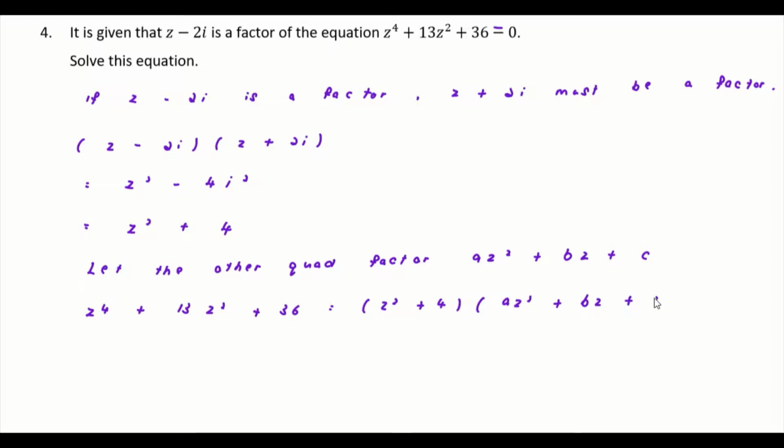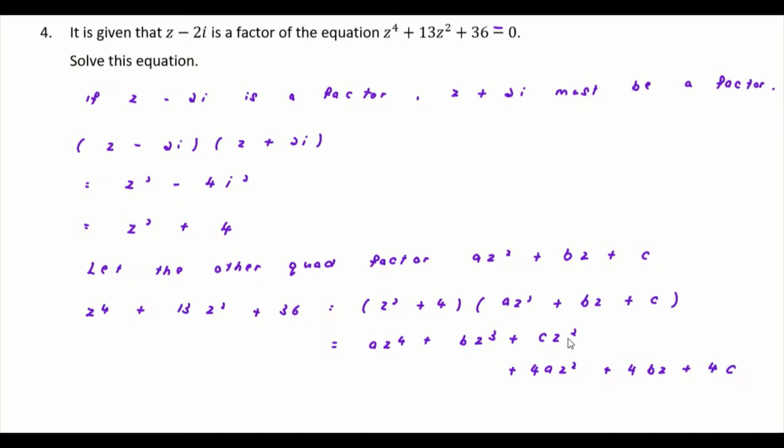We can expand the right hand side, then do comparison. So here we should get AZ power 4, then plus BZ cube, then plus CZ squared. For this part, I have plus 4AZ squared, then plus 4BZ, and then plus 4C.